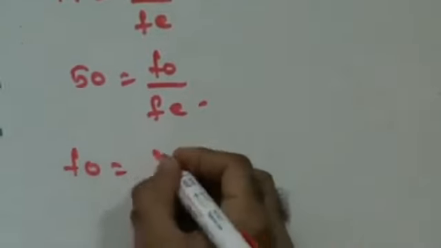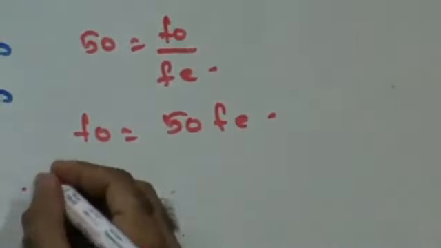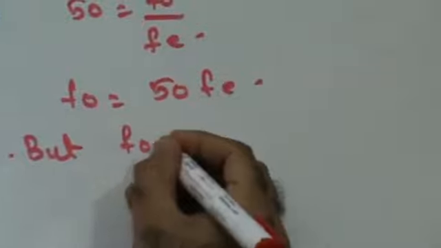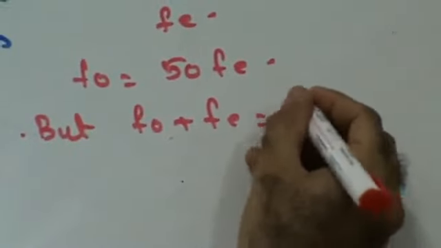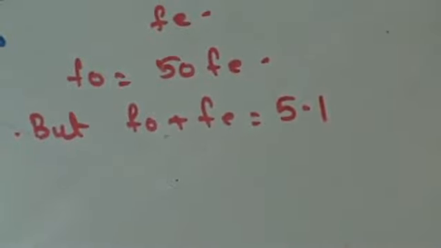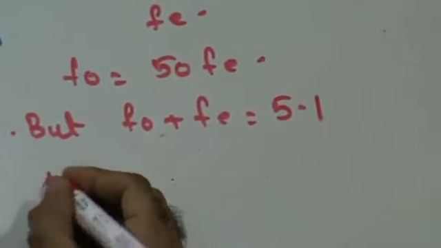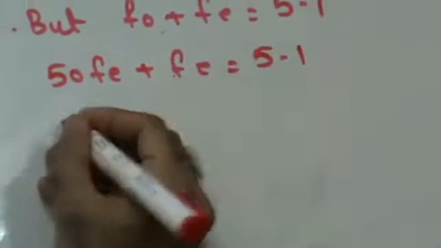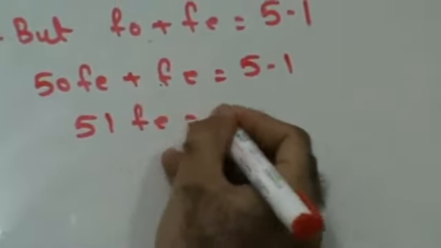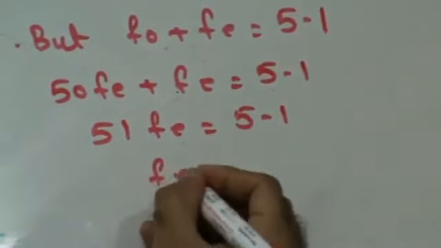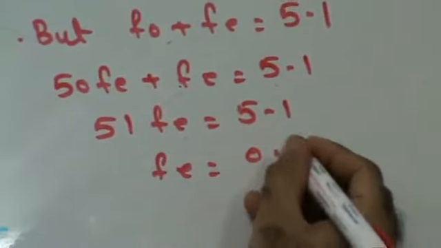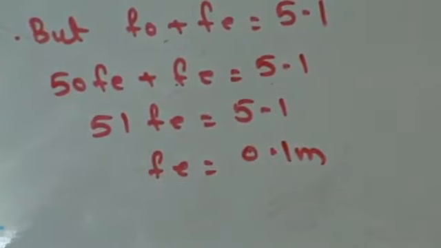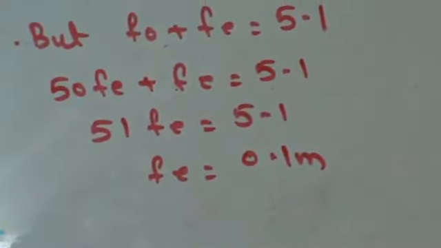So f0 is 50 times fe, but they've given me that f0 plus fe is 5.1, right? So I can say 50 times fe plus fe is 5.1, 51 fe is 5.1, fe will be nothing but 0.1 meter. So the focal length of the eyepiece is 0.1 meter.